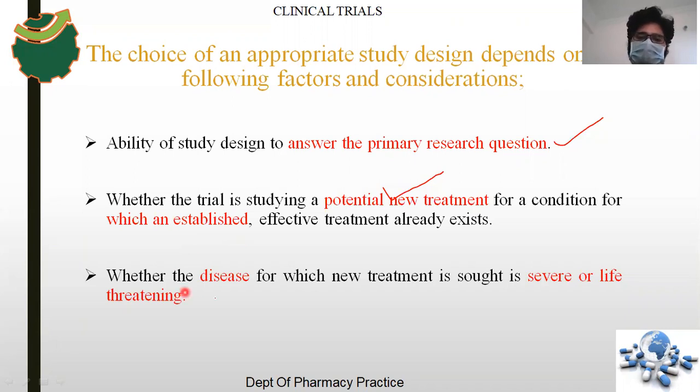Next, whether the disease for which a new treatment is sought is severe or life threatening. So is your treatment, the drug you are producing, or the device or procedure you are creating, meant to save the life of a severely ill, critically ill, or life threatening patient? These are the factors you have to see when designing or choosing a study appropriately.